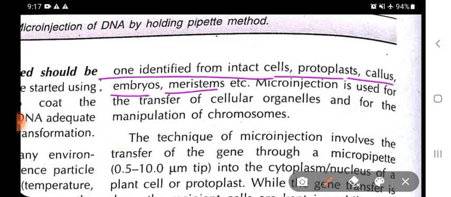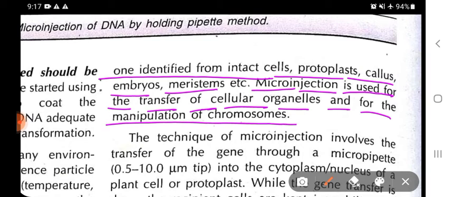Microinjection can also be done in animal cells. We will see them after this lecture, after these notes. Microinjection is used for transfer of cellular organelles and also for manipulation of the chromosome.